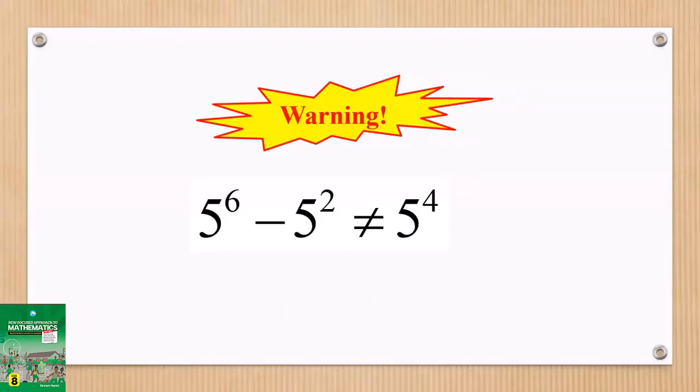When we are doing subtraction, let's say you have 5 exponent 6 minus 5 exponent 2, we can't say that will give us 5 exponent 4. So far as this is not division, you don't subtract the exponents. If it is division, then perfect. If it's not, nothing can be done if it is minus.